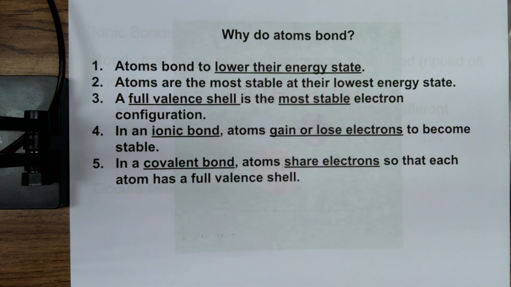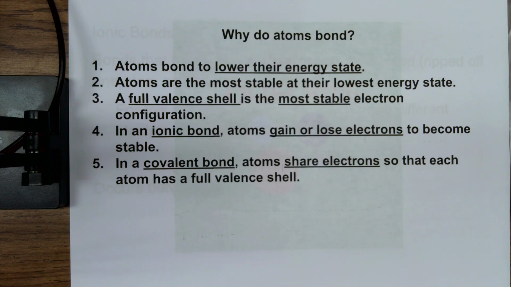That's not where the atoms want to be. The atoms want to be like us. They want to fall into a groove. They want to be lazy, like we do. They want to be in that lower energy state. Being in a high energy state is not great long term. Atoms are most stable at their lowest energy state. And how do I get that? By getting that full valence electron shell.